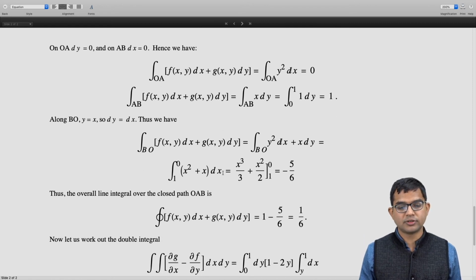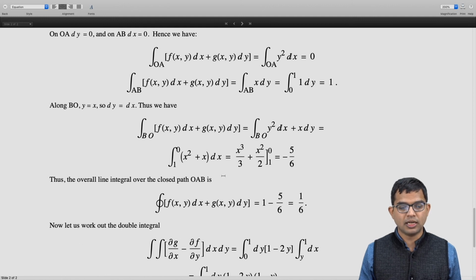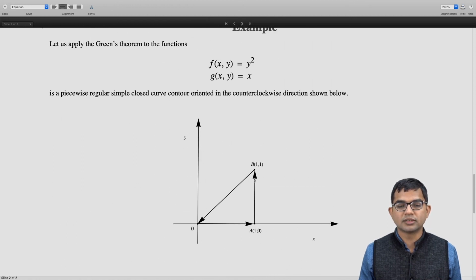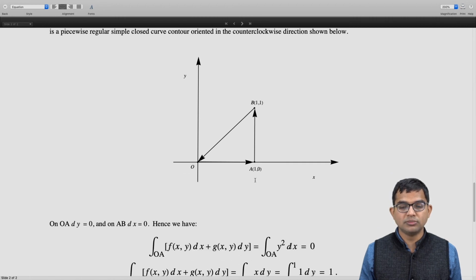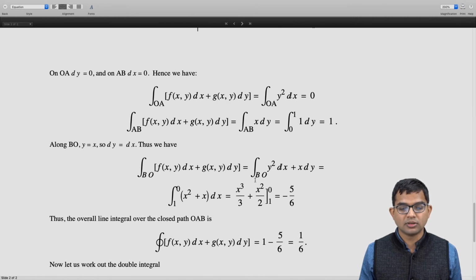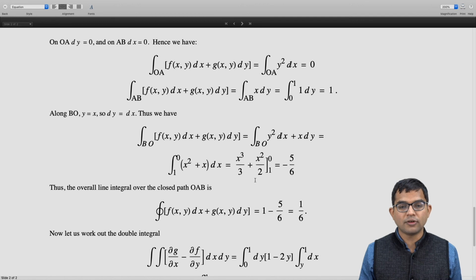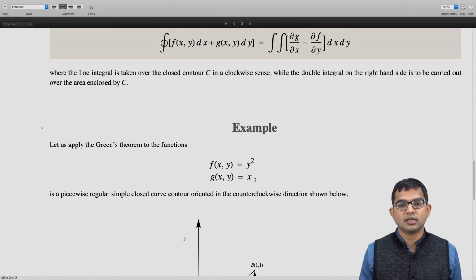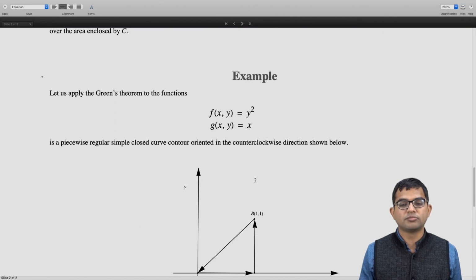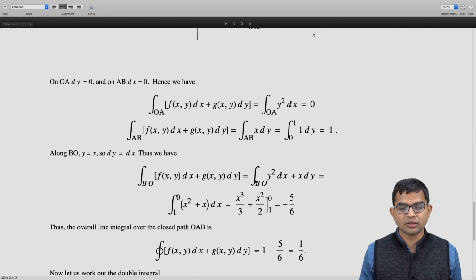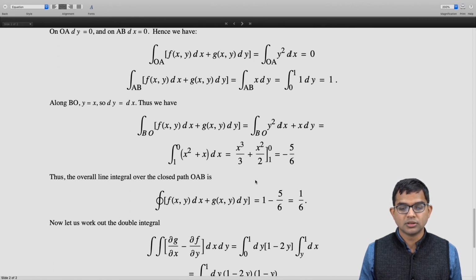On the other hand, let's work out the double integral. The double integral is straightforward. So dou g by dou x: g of x comma y is x, so dou g by dou x is just 1. On the other hand, f is y squared, so dou f by dou y is 2y.